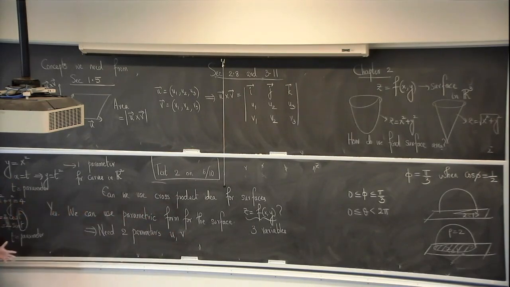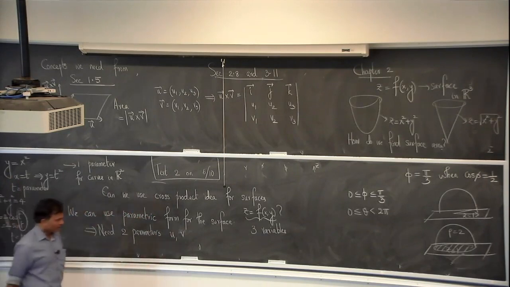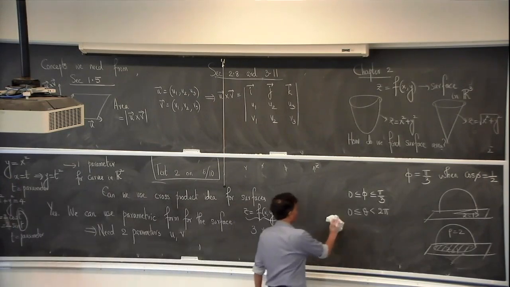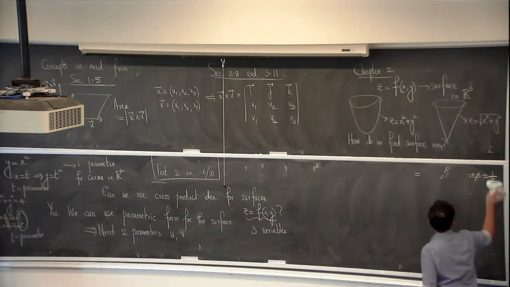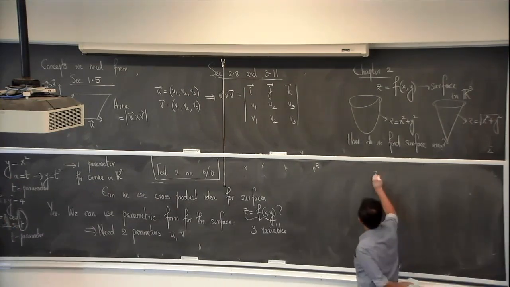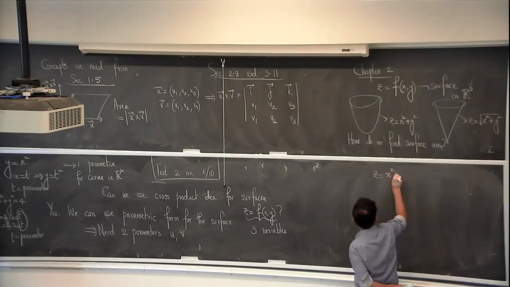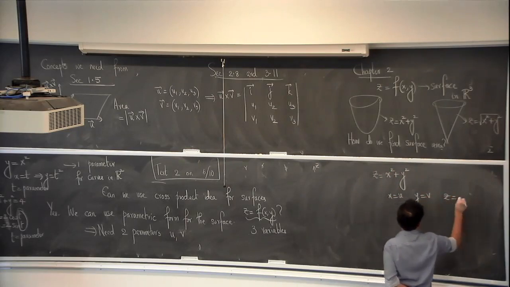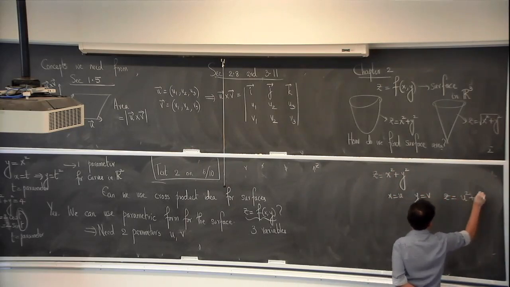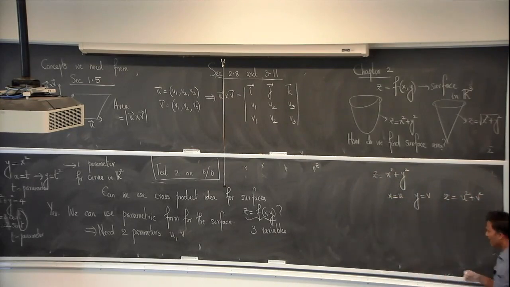The parametric form, as weird as it sounds, is just an alternate way of writing the same surface. So for example, if you have z equal to x square plus y square, you can write x equal to u, y equal to v, z equal to u square plus v square. That is what I mean by writing a surface of three variables in two parameters, because z connects x and y.